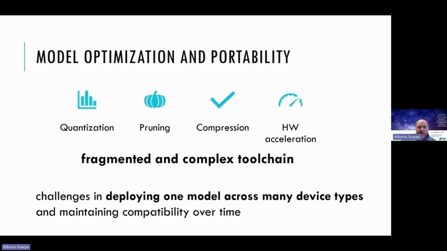We also need to guarantee compatibility with a heterogeneous set of chipsets available in the market. This creates a fragmented and complex toolchain landscape, with different devices in the fleet that may use different CPUs and even different accelerators like the neural processing unit, NPU. This is a big challenge in deploying one model across many devices, because the devices are all different.